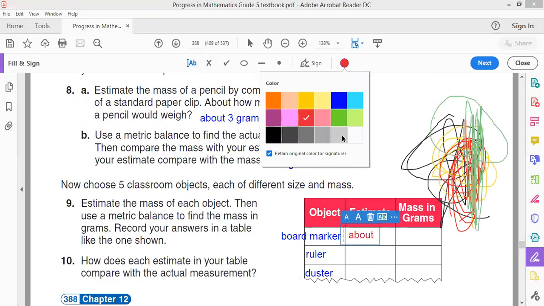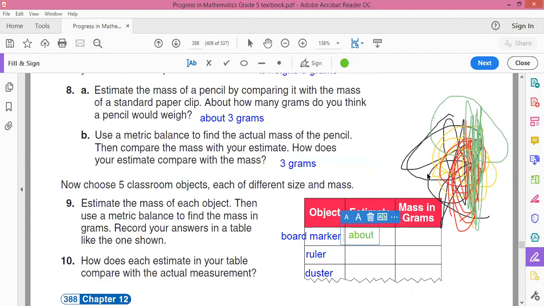Teacher, someone is drawing green, red, yellow, and black. I think Kareem. Teacher, it's not me. I'm trying to erase it.